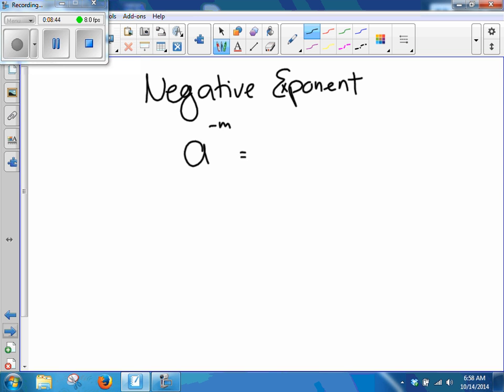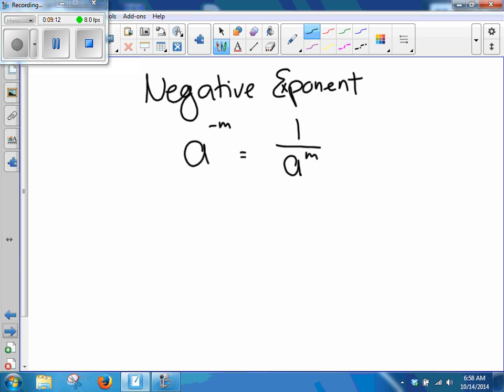So this just becomes 1 over a to the n. Now, the biggest thing to remember is when you move it, you're only moving the number or the variable that the exponent is attached to. And I'll show you what I mean in a minute. The only thing that changes is it goes from the negative exponent to a positive exponent. Nothing else changes. You really have to understand that.